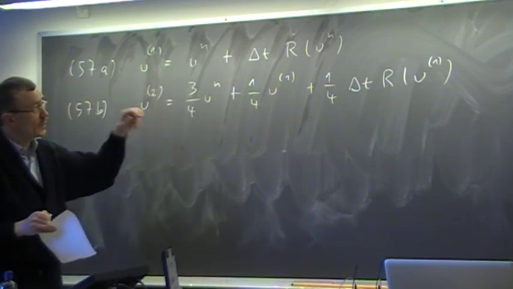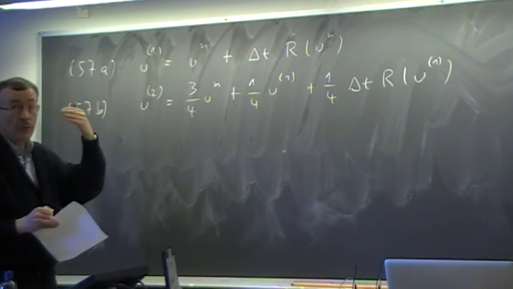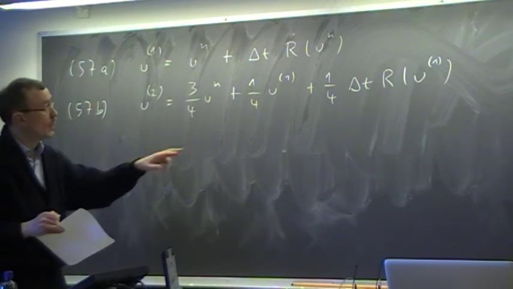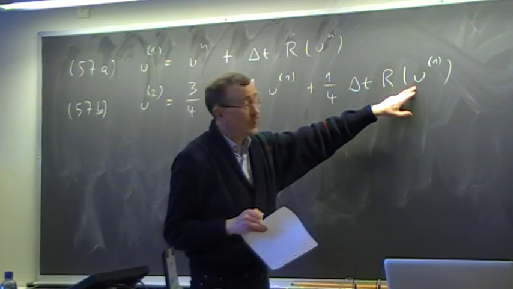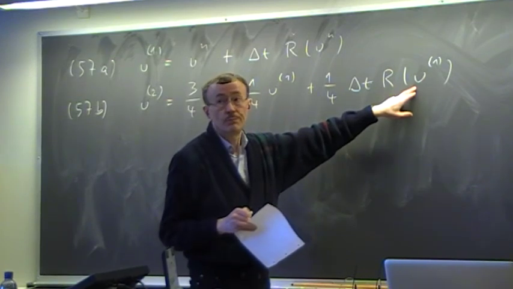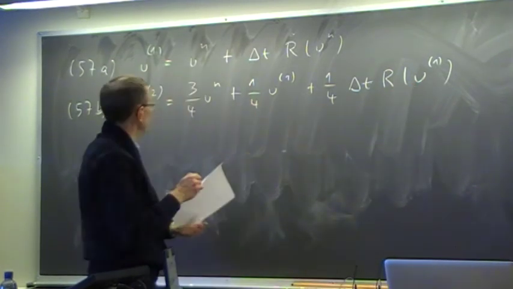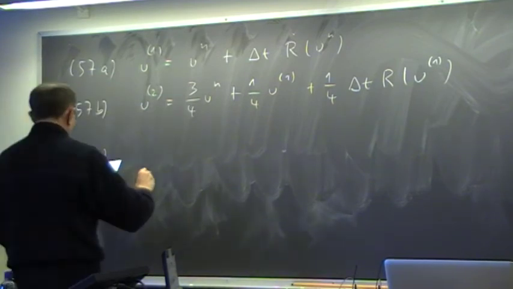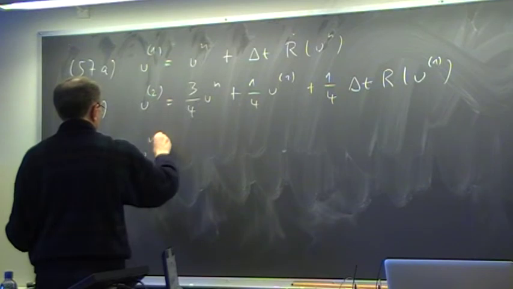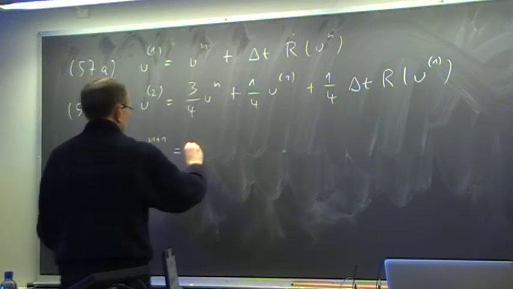And here you see already what I said. If you have a function for r, then you call it here with the old time level, and here you call it with the value after the first stage. Same function.